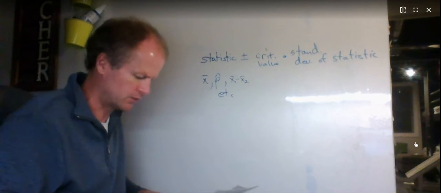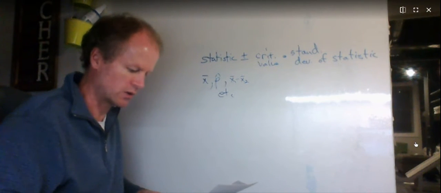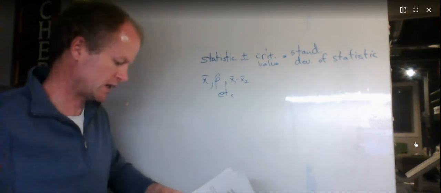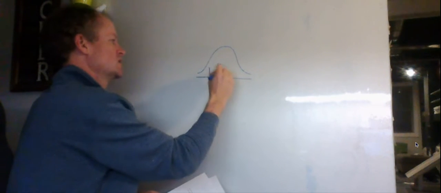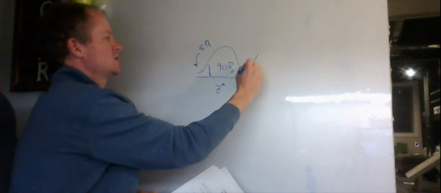Question number 9. How do you determine critical values on your calculator or your table? On our calculator or table, we're going to use either inverse norm or inverse t. Suppose it's a 90% confidence interval, and I'm figuring out what z star is. If I know that there is 90% in the middle, I know that there's 5% on both tails.